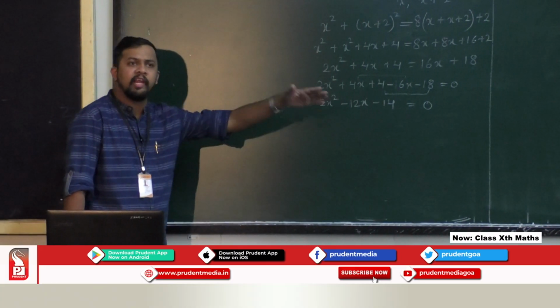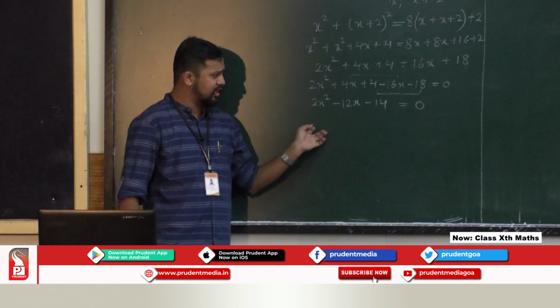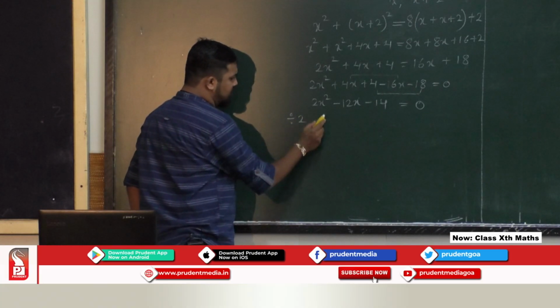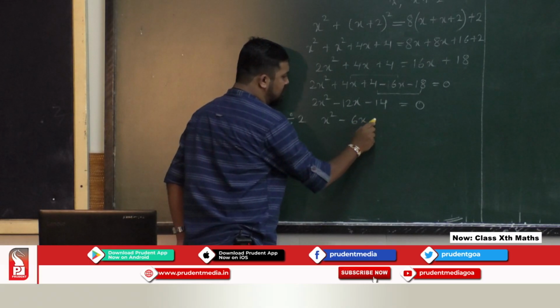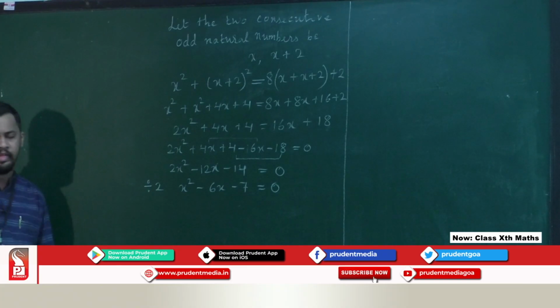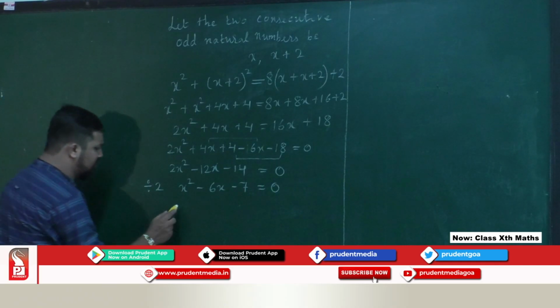Now again I can make the equation simpler, because all these three terms are in one table. So let us divide by 2. So x square minus 6x minus 7, since 2 6s are 12 and 2 7s are 14. The equation became very simple, and now you can proceed with any method, either factorization or quadratic formula. Let us use the quadratic formula, more simple.